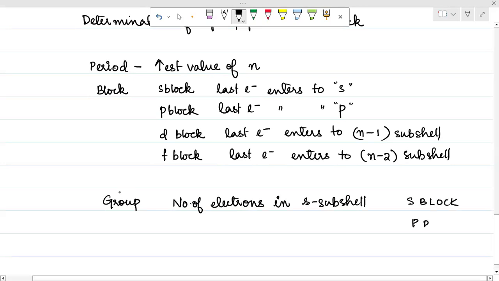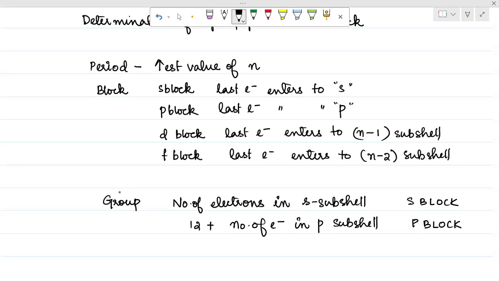If our element belongs to P block, then it is 12 plus the number of electrons in the P subshell.